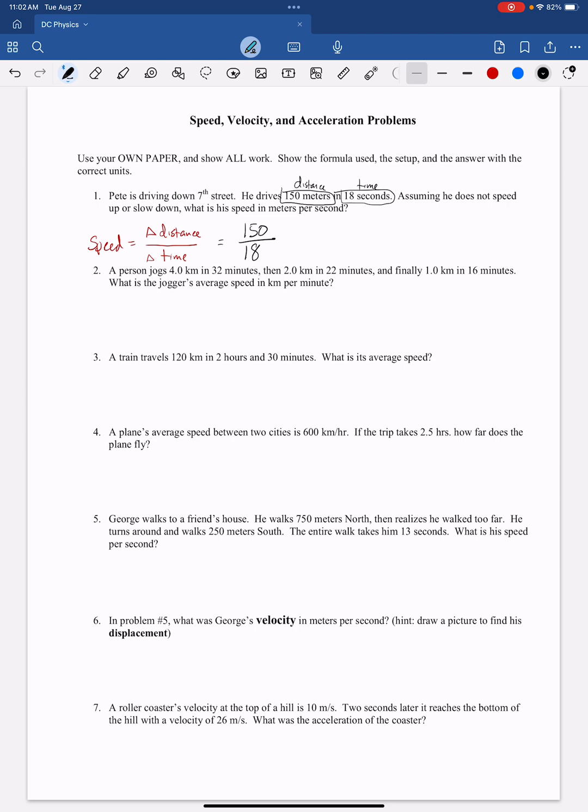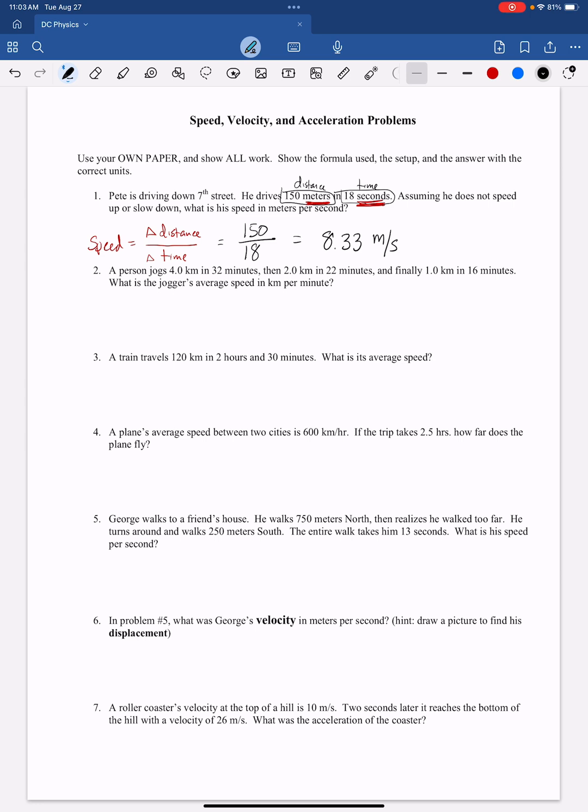If I plug that into a calculator, I find that Pete travels at an average speed of about 8.33, and that is in meters per second, because I have meters as one unit and seconds as my unit for time. So solving these problems is not difficult, but let's try a different one.